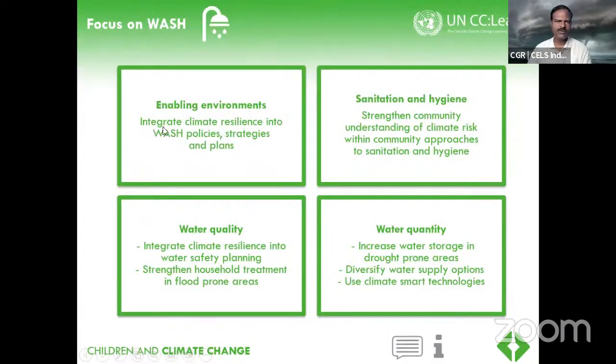Enabling environment: integrate climate resilience into WASH policies, strategies and plans. Sanitation and hygiene is very important. Strengthen community understanding of climate risk, and water quality.